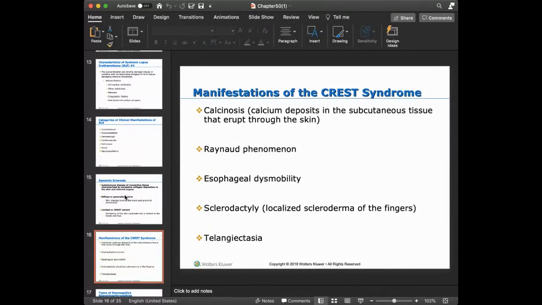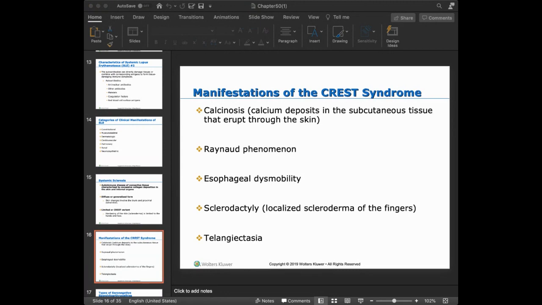CREST syndrome is calcium deposits in the subcutaneous tissue that come through the skin. So we see this in Raynaud's phenomenon. And that is basically issues with their hands and feet.